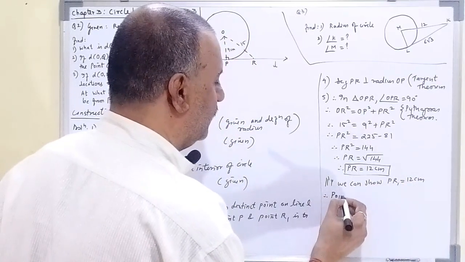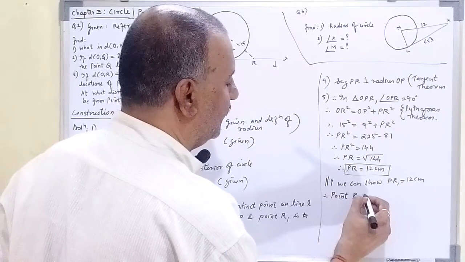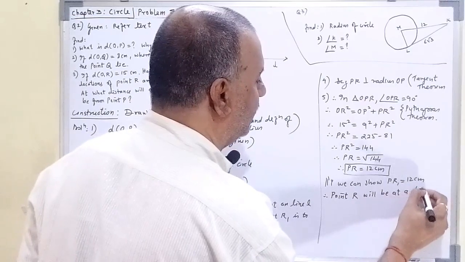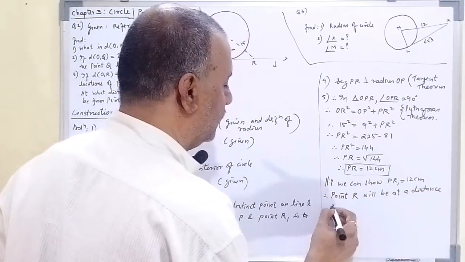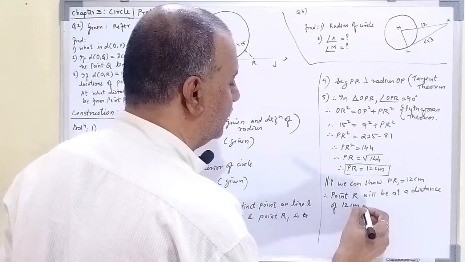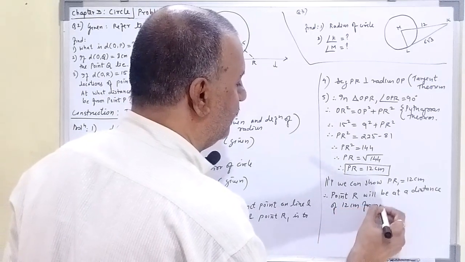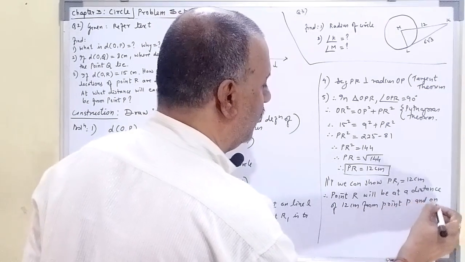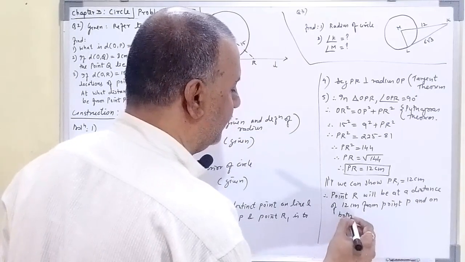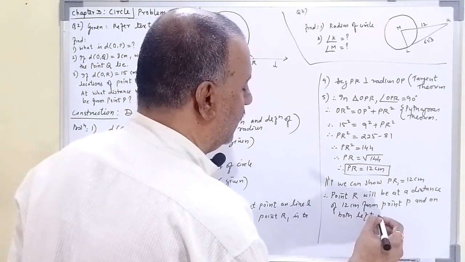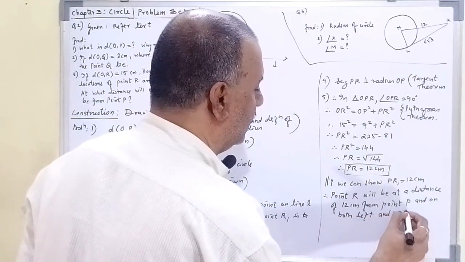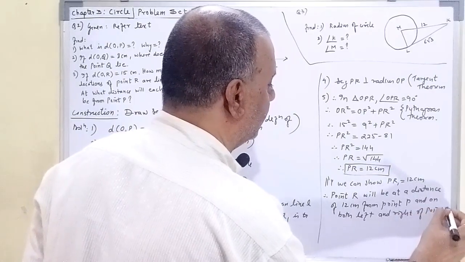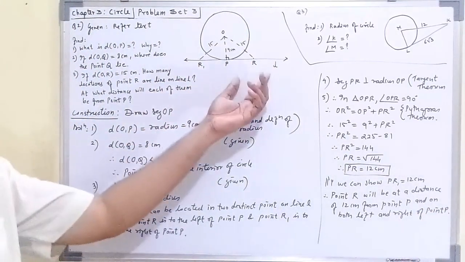Therefore, point R will be at a distance of 12 centimeters from point P, both on left hand side and on right hand side.